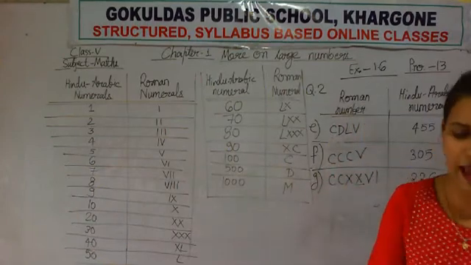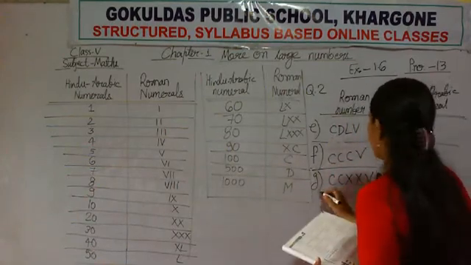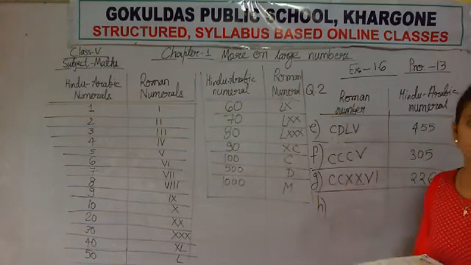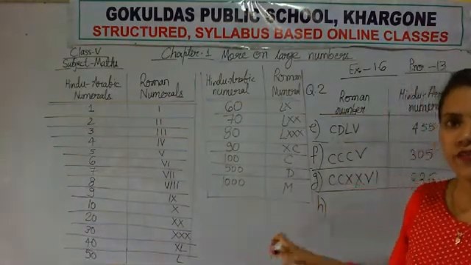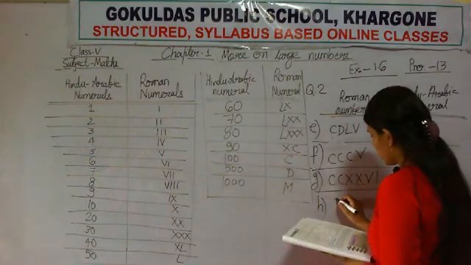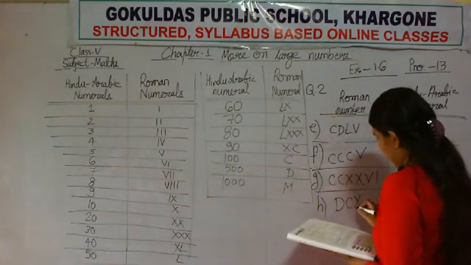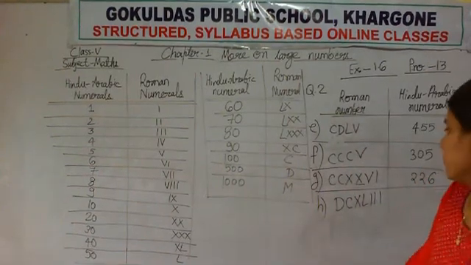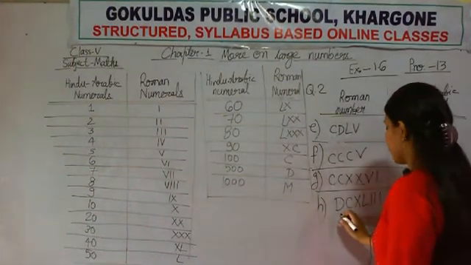Let's do part H. That is the last part of this question. When you learn the rules, it will be much easier for you to solve. DCXLIII. D represents 500.